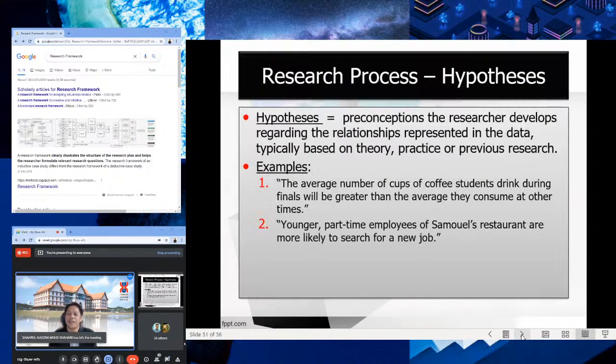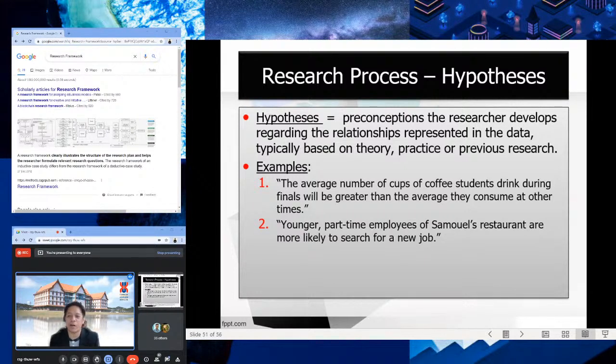If we look into this research process, hypothesis is the preconception the researcher develops regarding the relationship presented in the data. When we apply for any research grant, they have a section on hypothesis.